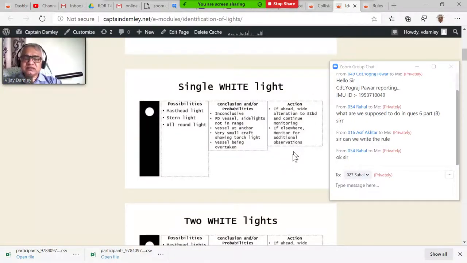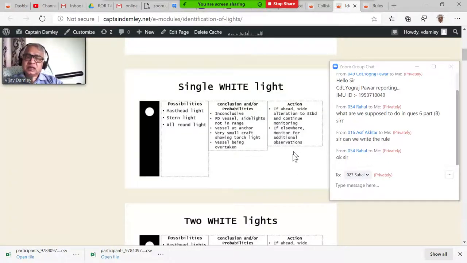Side lights, which are colored, are seen red on port side, green on starboard side. Stern light has got a sector. Now, in simple words, you cannot see stern light and masthead light at the same time. Not possible. You can see either of the two.